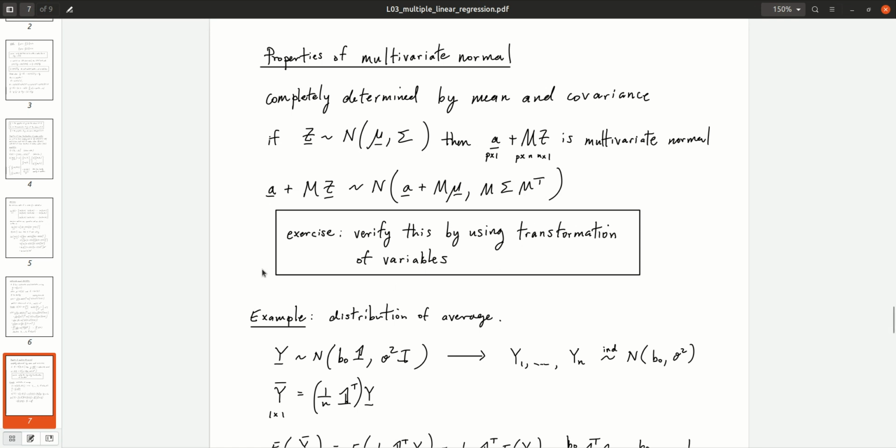distributions or joint densities. All right, now we're going to use these two properties to derive the distribution of the sample average of a bunch of independent normals.